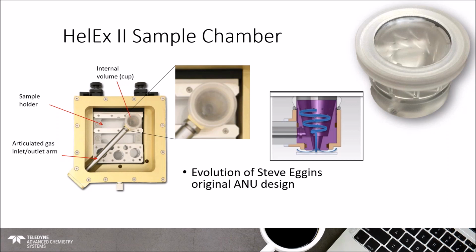And it allows you to place your samples in a variety of ways. You'll notice the brass chamber over there on the left has an arm that sticks into it and a metal drawer that sits underneath that arm.